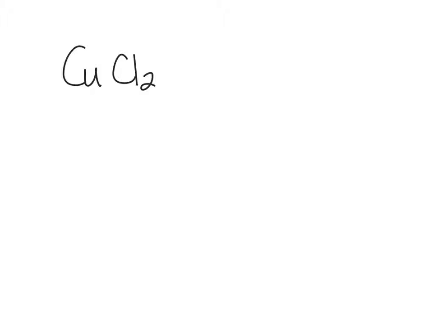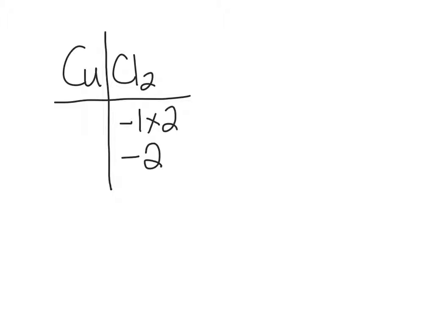Copper and chloride form a compound. So we need to figure out what the charge is on the copper. So we break it into positive and negative. Well, chlorine has a charge of -1 in ionic compounds. There happens to be 2 of them. So we multiply the negative charge by 2, so we get a total negative of -2.